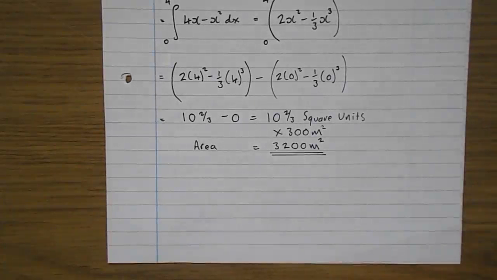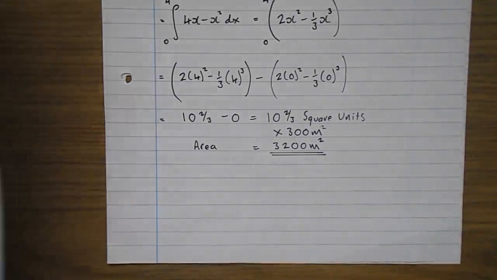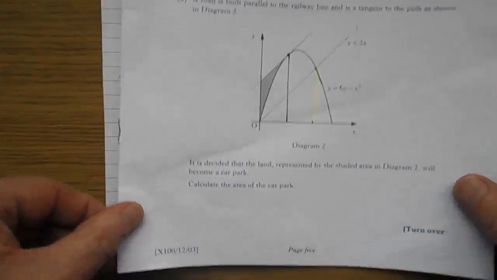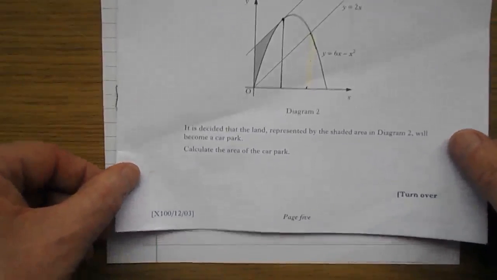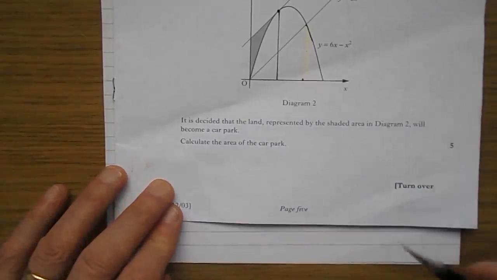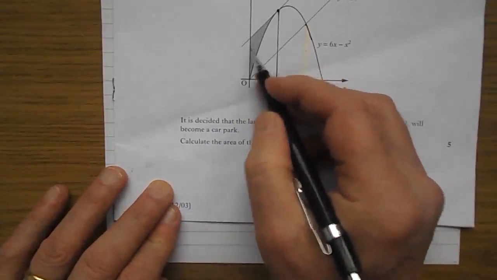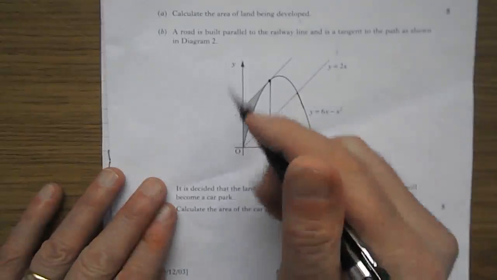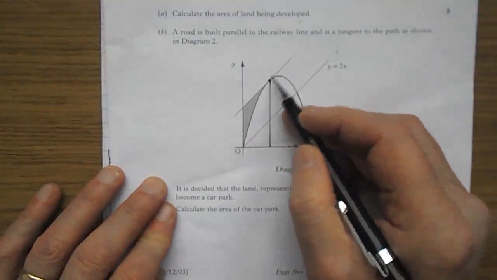Okay. Now, just going back to part B then, here we have it. It's decided that the land represented by the shaded area in diagram 2. Now what's all this about? Okay, a road is to be built parallel to the railway.